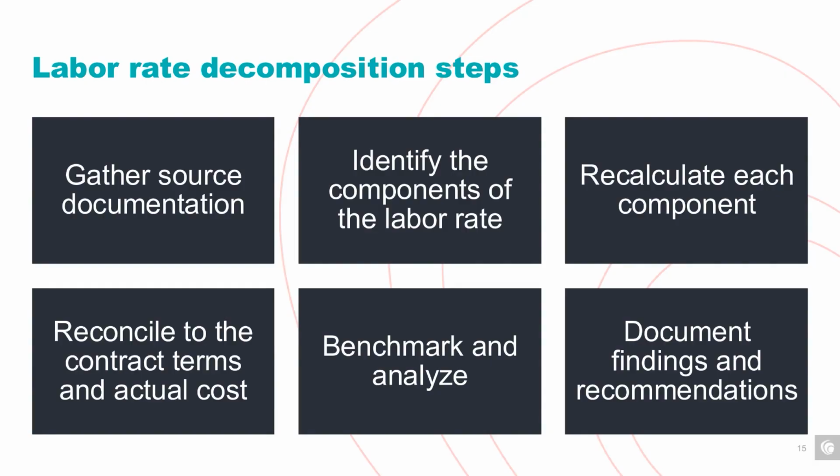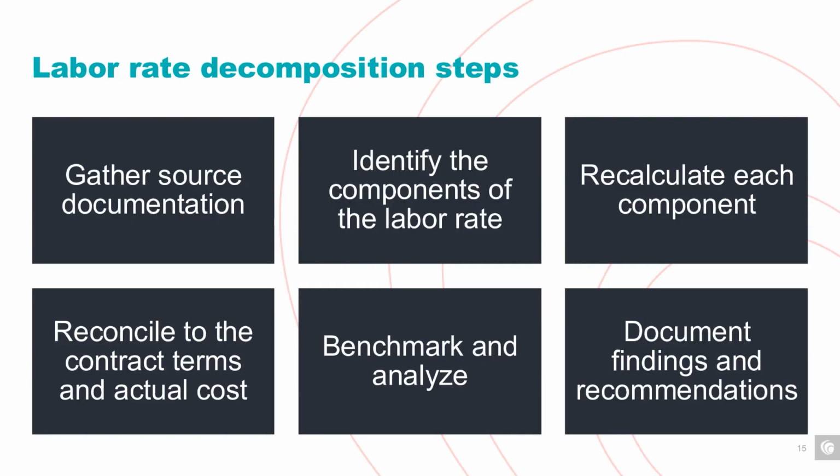So as you consider your labor rate decomposition, here are the typical steps to follow. Number one is gather your source documentation. Obtain payroll registrations, labor distribution reports, and review the contract terms that specify agreed upon labor rates and allowable burdens.